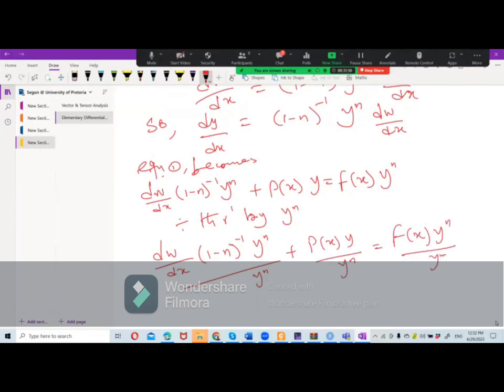Because we already said we are going to divide through by y raised to power n, this one goes with this, and this goes with this. So at the end of the day, I have this left.